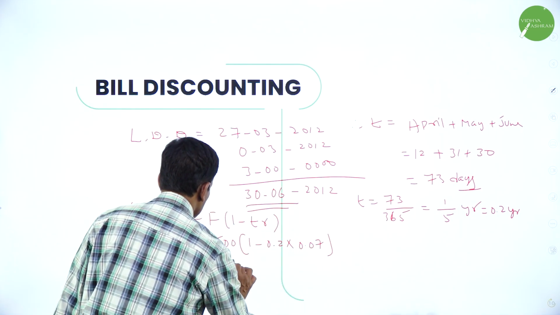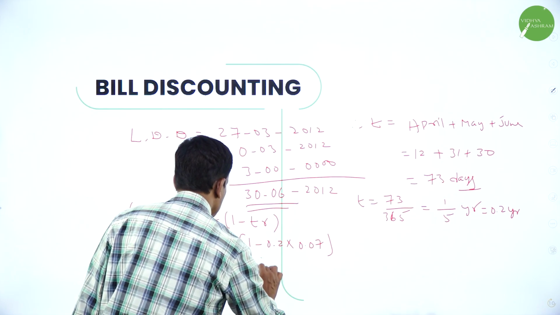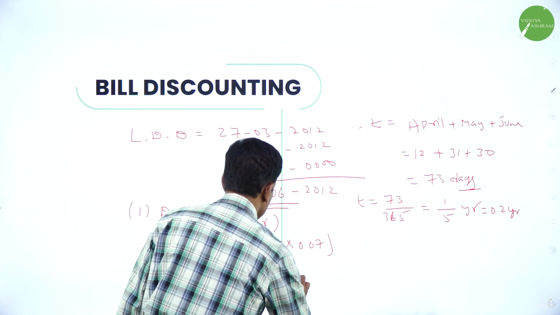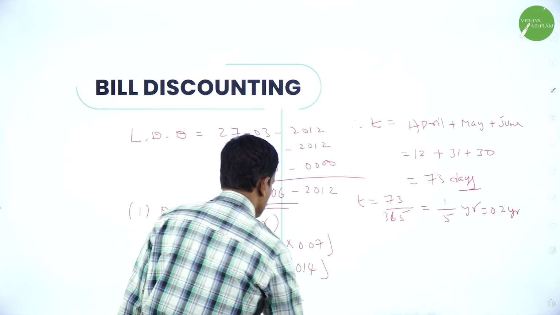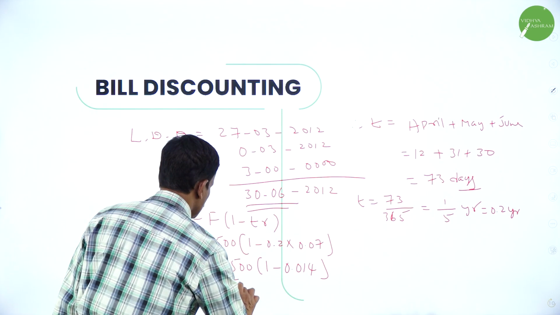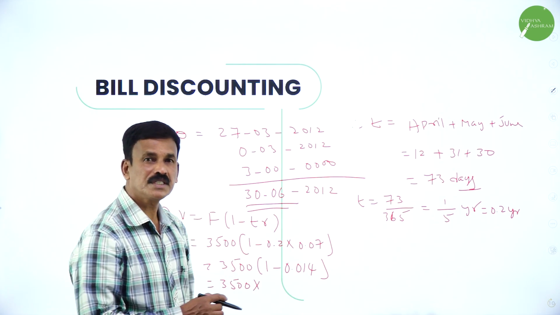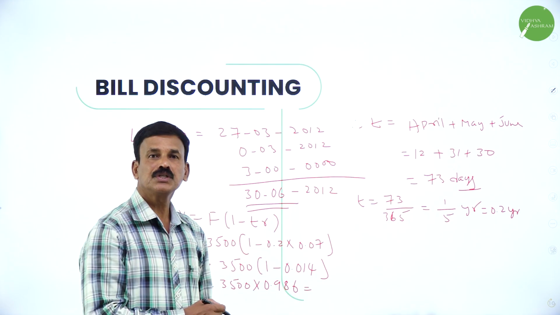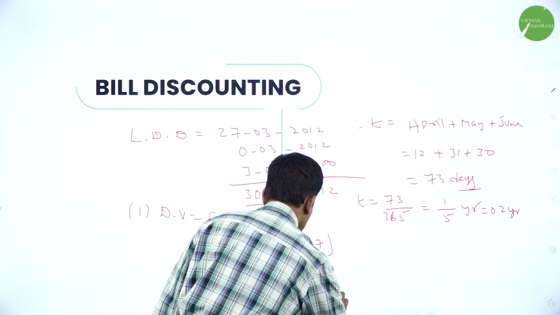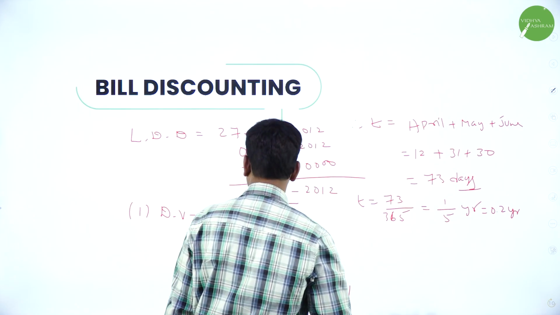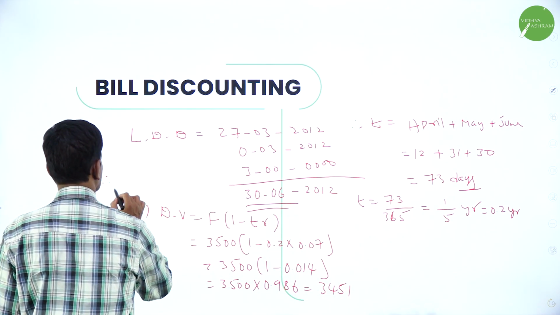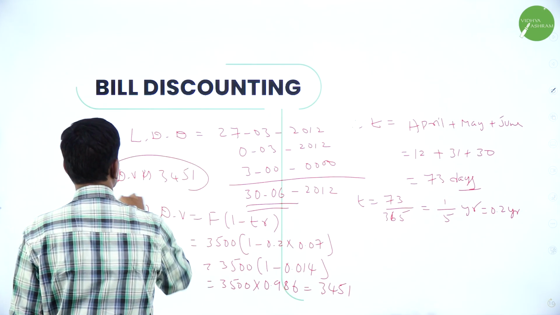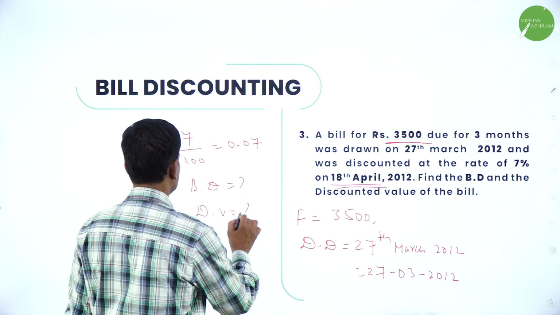This is equal to 3,500 into 1 minus 0.014, which is 3,500 into 0.986. That's equal to 3,451. So therefore the discounted value is rupees 3,451. That is the first answer, the discounted value.